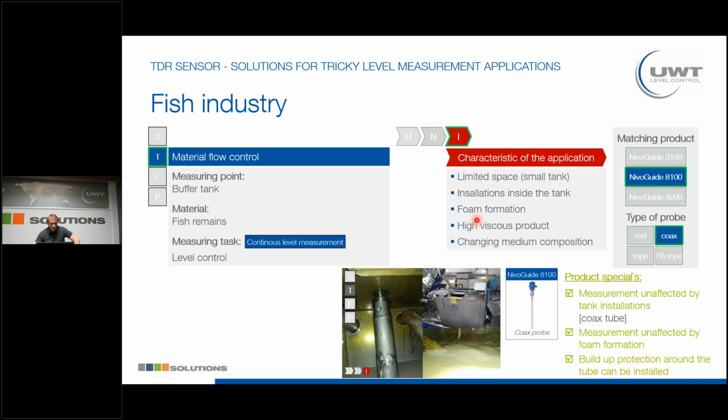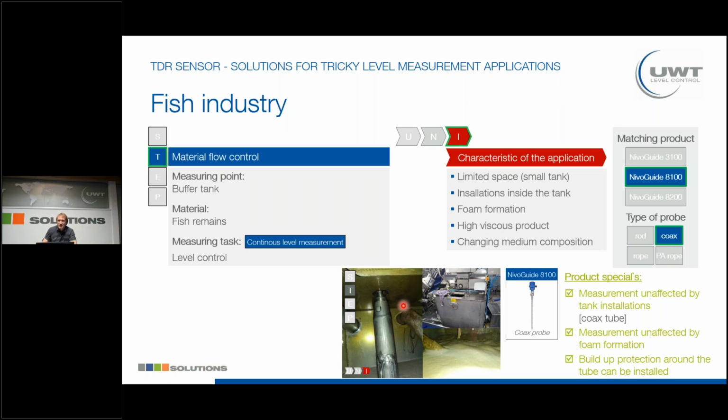And another one, a really extreme application, was what you can see here. In fish remains, we had to control the material flow in such a small vessel. This is how it basically looked inside. We had installations inside the tank on the left and on the right side. We used the coaxial probe, and we also had this sticky material, the fish remains.